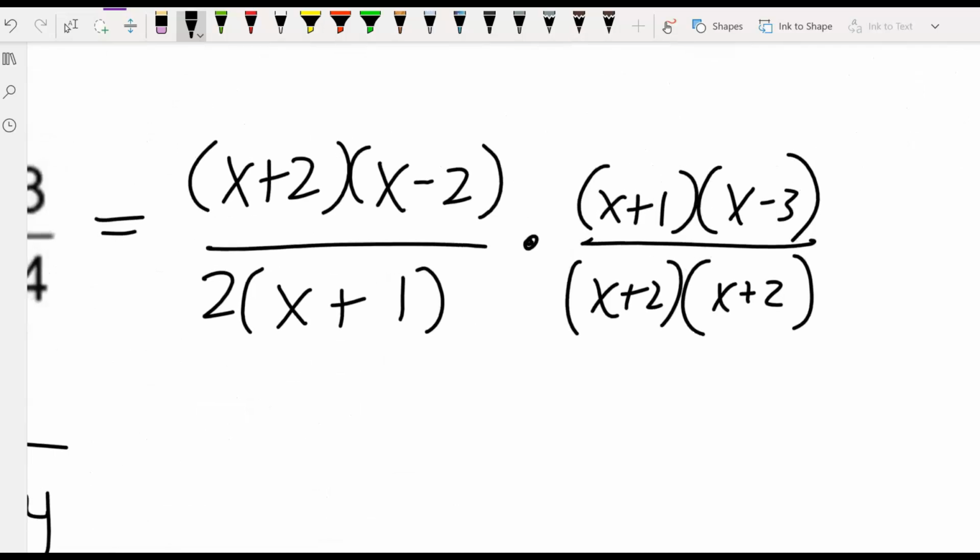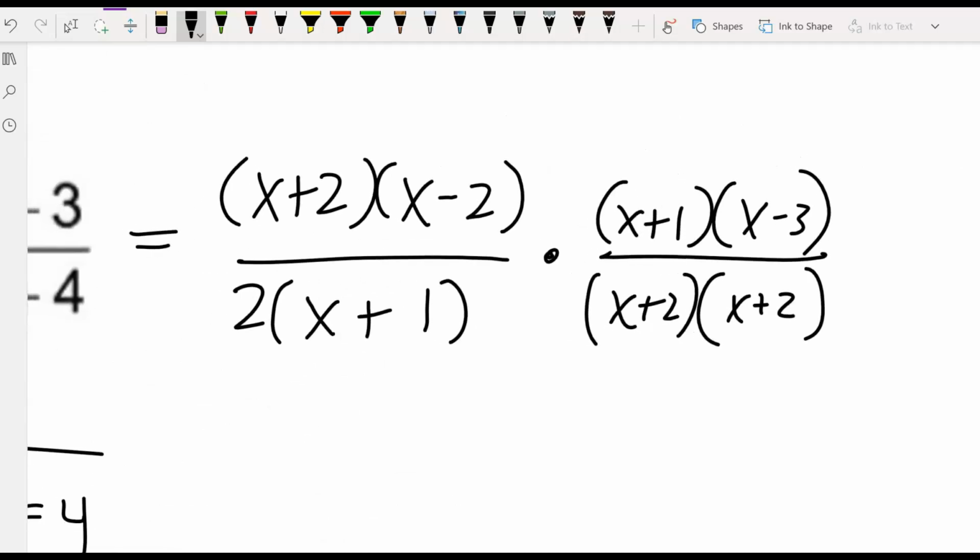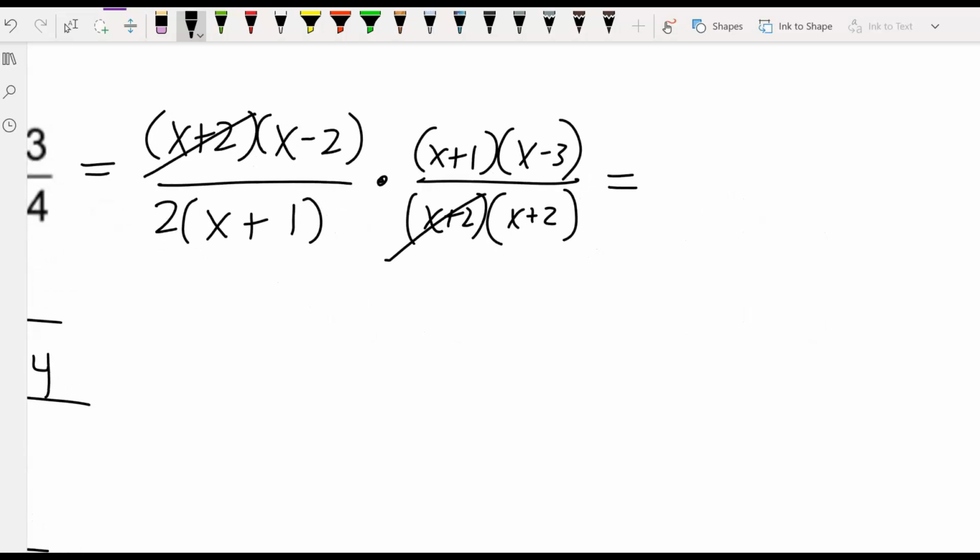All right, then we look for the stuff that's same on top, same on bottom. So x plus 2, x plus 2. x minus 2, nope, we don't have a matching one, so that's going to be part of our top. Then we move to the next, x plus 1. Oh, there is one on the bottom, so that gets canceled. Is there an x minus 3 on the bottom?